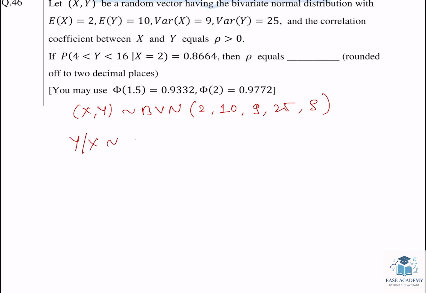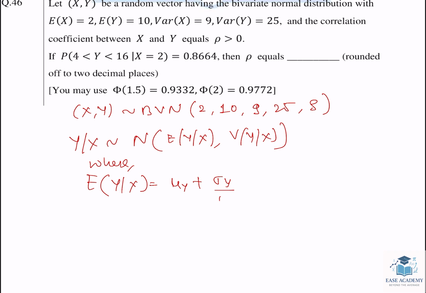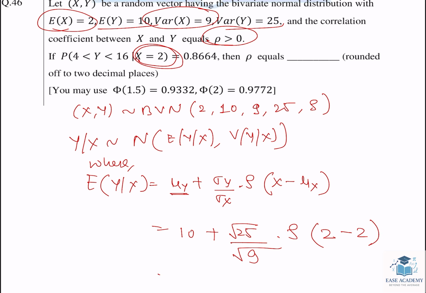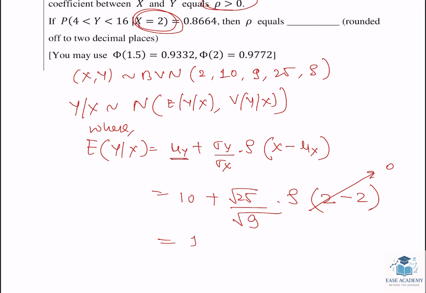So Y given X will follow a conditional normal with mean E[Y given X] and variance of Y given X. E[Y given X] is mu_y plus sigma_y by sigma_x into rho into (x minus mu_x). Since mu_y is 10, sigma_y is root of 25, divided by root of 9, into rho, and x is given as 2, minus the mean of x, which is 2, this cancels out and we are left with 10 only.